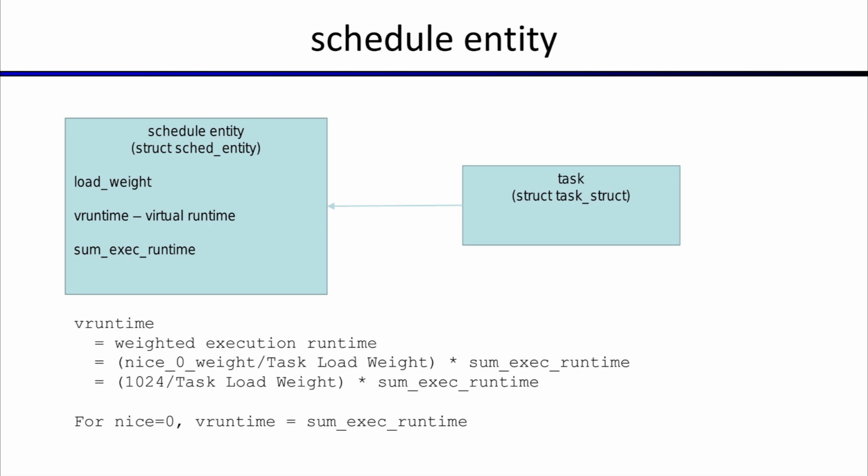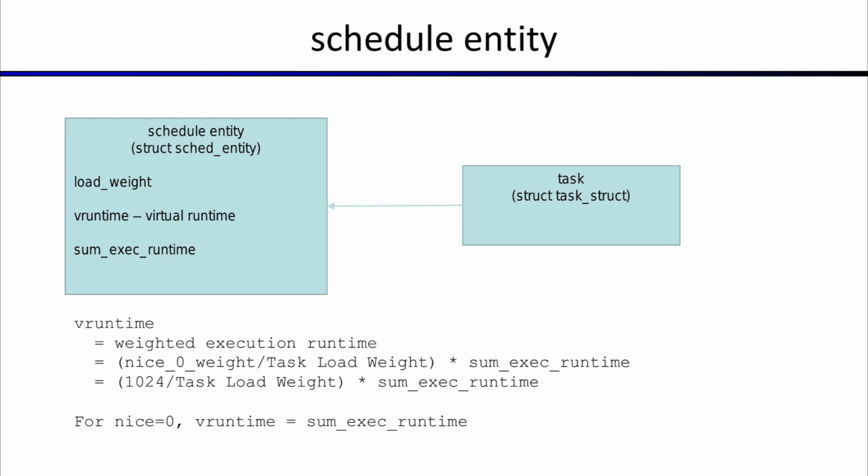So 1024 divided by the actual task load weight provides that ratio, which is then multiplied with the actual execution time that the process has received. Now, for nice equals 0, the task load weight will also be 1024. So for a nice value of 0, that special case, the vruntime is exactly equal to the sum_exec_runtime. It's equal to the actual time that you ran on the CPU.